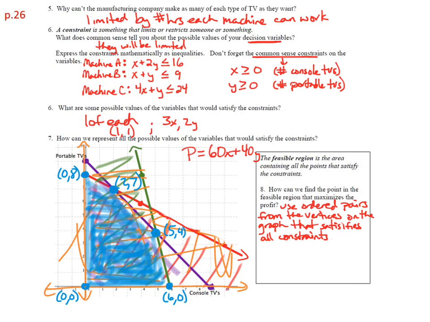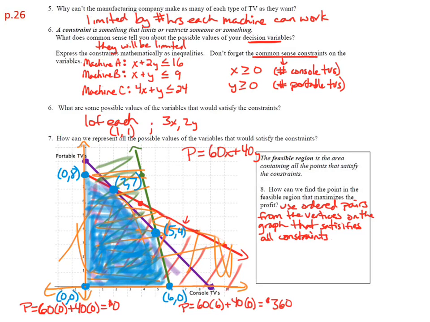So of course at 0, 0 down here, P is going to be equal to 60 times 0 plus 40 times 0. Makes sense that our profit would be $0 if we made nothing. At 6, 0, our profit would be 60 times 6 plus 40 times 0. So we have a profit of $360.